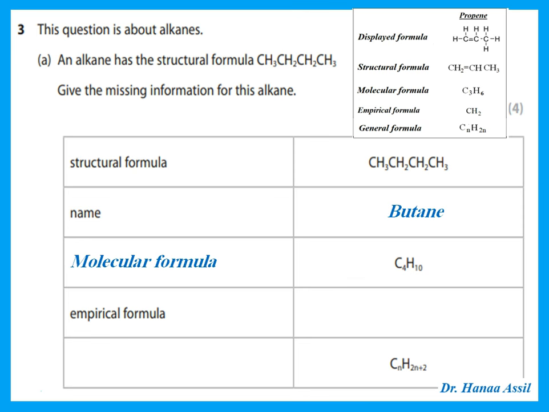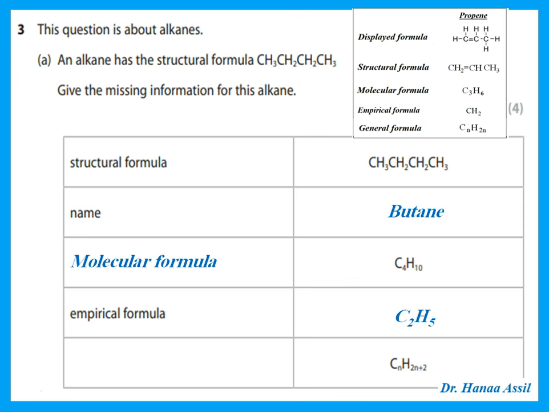What do we mean by empirical formula? Empirical formula is the formula showing the simplest ratio. So if the molecular formula is C4H10, what is the empirical formula? You simplify 4 to 10, so you can divide by 2. So that is C2H5.